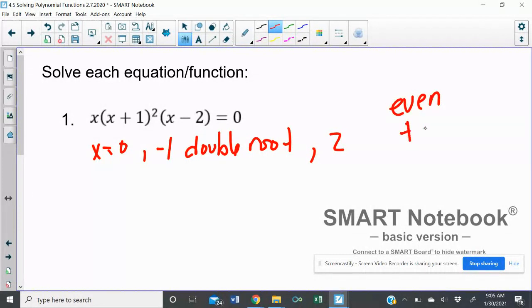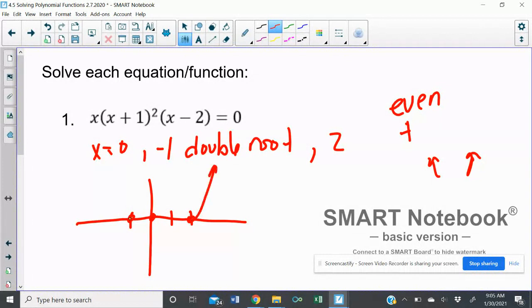And it's positive, so we should be going up. -1, 0, 1, 2. So this should be going up, and this should be going up. This has to pass through, this has to pass through, and this has to be tangent.